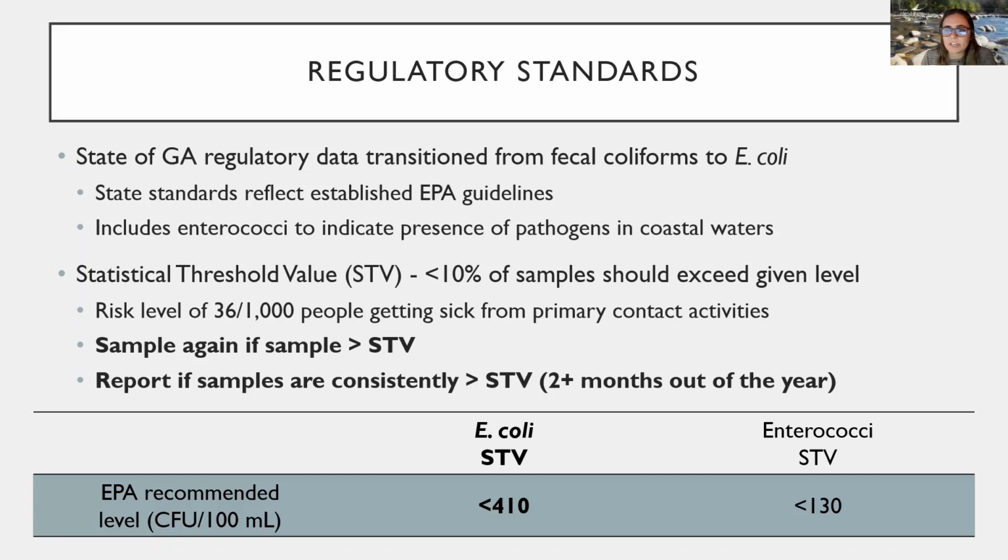Jackie showed us what the calculations looked like, and on that first calculation she walked us through, if your plates have an average of just three colony forming units, that's going to get you a value of about 300 colony forming units per 100 milliliters. So hopefully everyone can remember that.